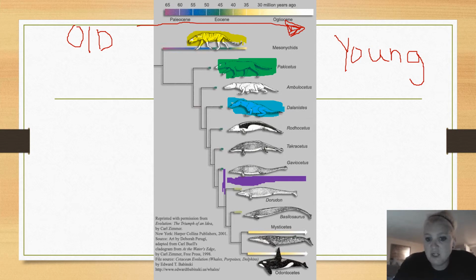We find a new skeleton that we can put in between these, and it starts filling in the blanks of evolution of how these animals came to exist in their different forms, kind of like filling in the blanks of a puzzle when you're given new additional puzzle pieces. So the fossil record is how we can determine who's older, which came first, which ones evolved first, things like that.